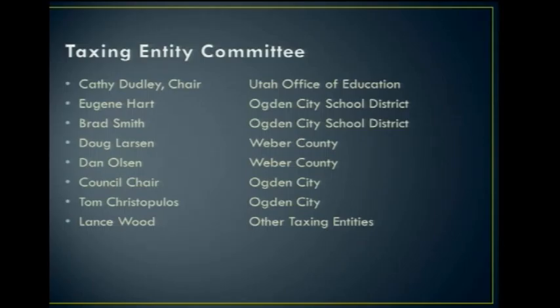We have representatives from the school district and the state Office of Education, 2 from Weber County, 2 from Ogden City, and then 1 representative that represents all of the other smaller taxing entities like mosquito abatement. So you can see, because diverting taxes can really impact the schools, they have a weighted vote, if you will.